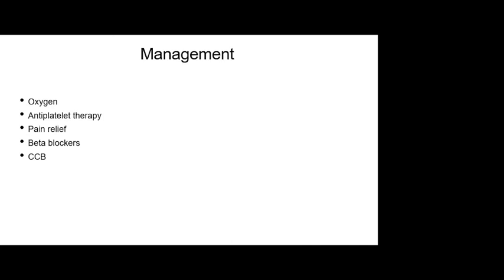But in non-STEMI, in acute coronary syndrome, all the guidelines and recent data prefer prasugrel. Why is prasugrel preferred? Prasugrel is associated with reduced stent thrombosis, stent thrombosis related myocardial infarction, and also recurrent myocardial infarctions.